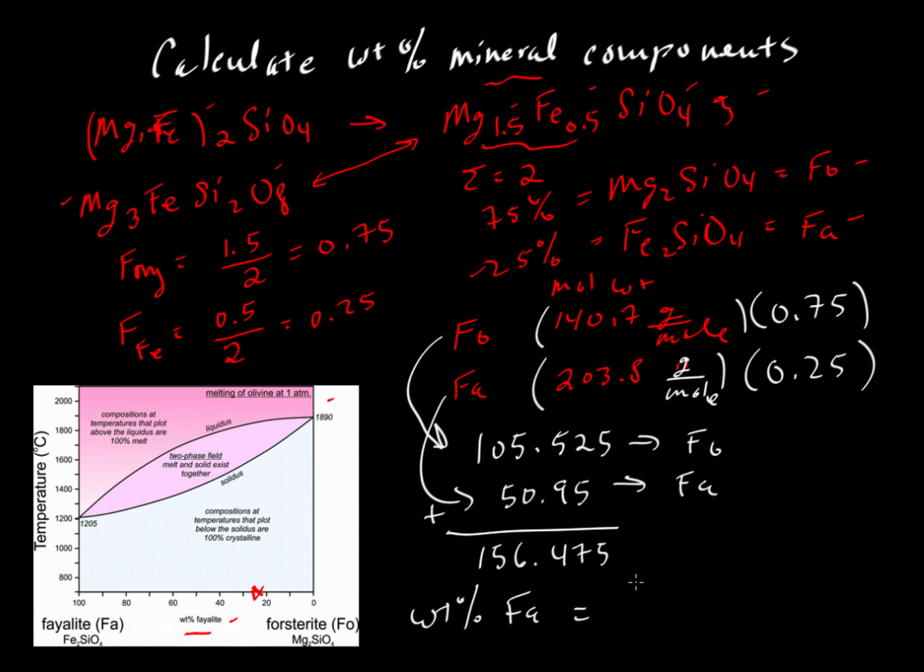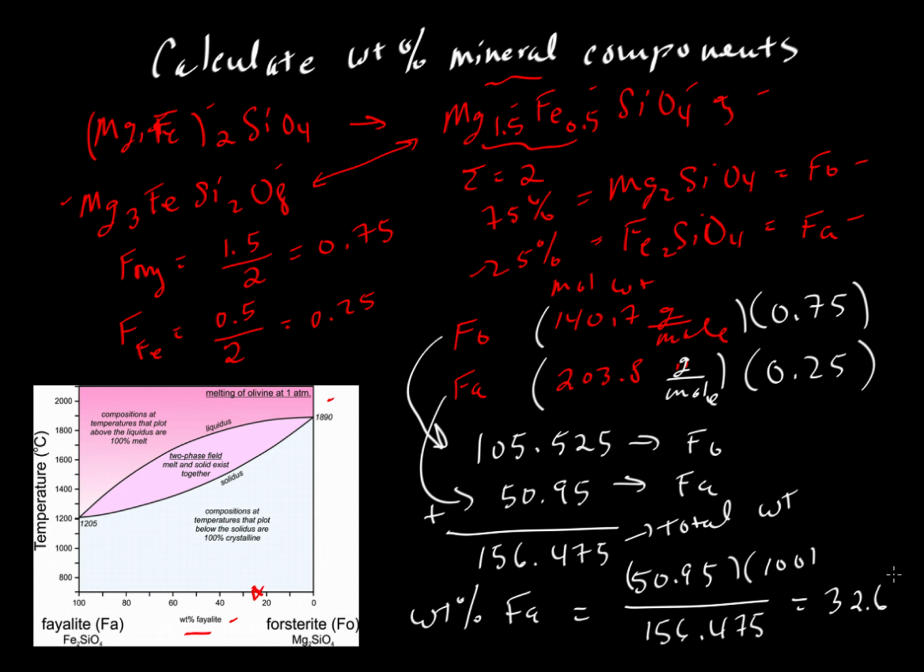That would be the amount of fayalite, 50.95, multiplied by 100, since we want it in a percent rather than a fraction. And we'll divide that by 156.475, the total weight in our system. And this comes out to about 32.6 weight percent for fayalite.